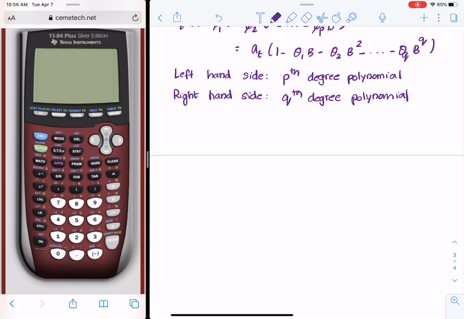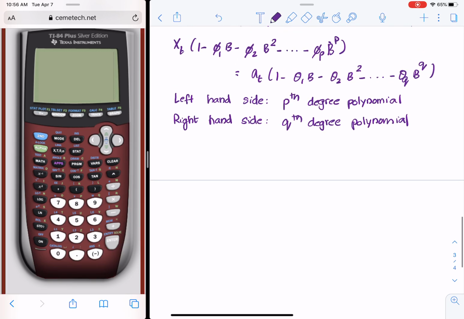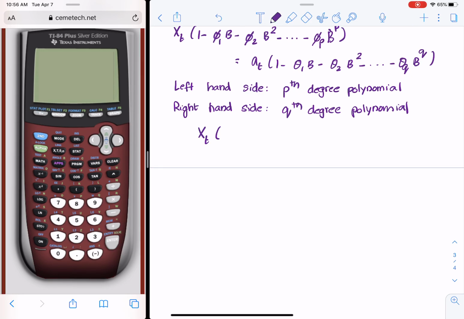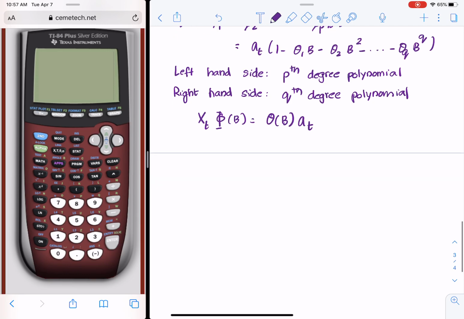Going with the same notation that we use for AR models, we would have phi of B on this side, and on the other side we could have it as theta of B times at. So we simply reduce the model and write it in terms of the characteristic polynomial.